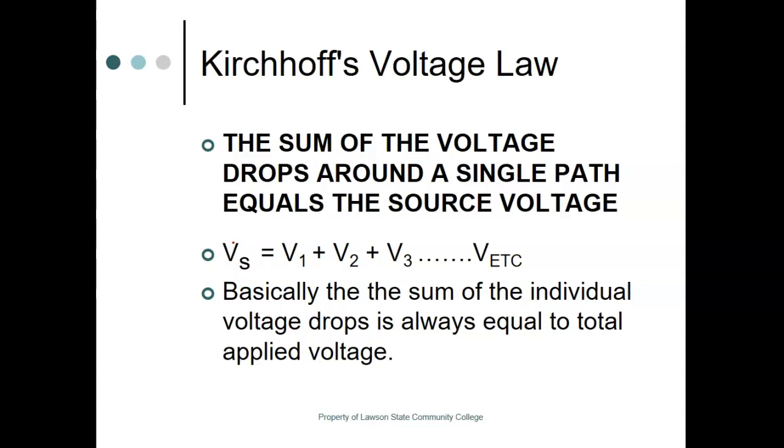So the sum of the individual voltage drops equals total applied voltage. However you want to say it, it's all the same. Voltage will add to total. Your total voltage will be found in your circuit.